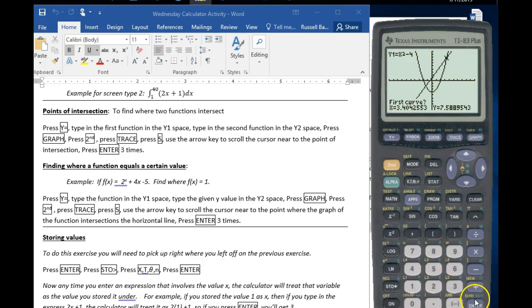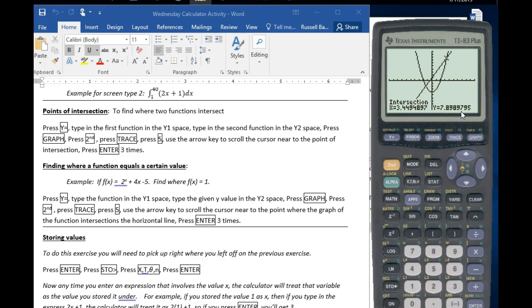We say yes, so we enter. Then it asks whether we want this curve to be the next one, and the answer is yes. Then it asks us to guess where they're crossing, so we take a guess. You don't need to know all that. All you have to do is push enter 3 times. And now you can see this is our exact value where they cross.